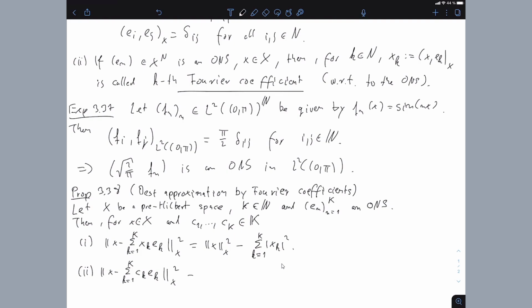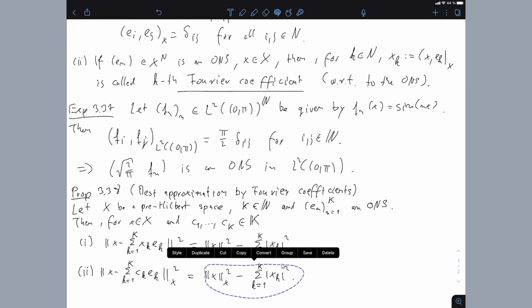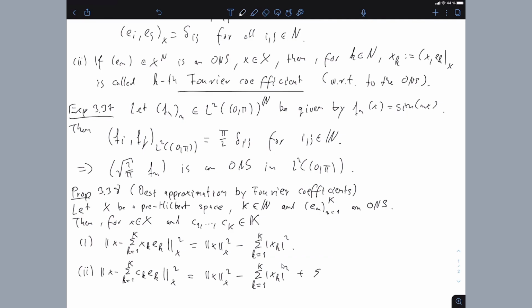And it turns out that this is all of that plus an extra term, which is the difference of these ck to the xk.